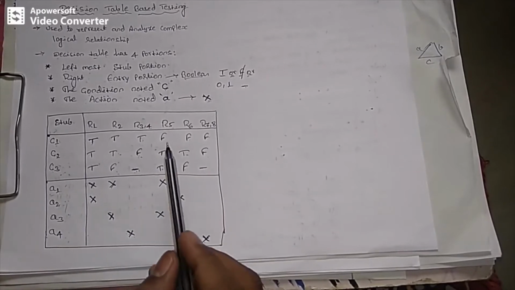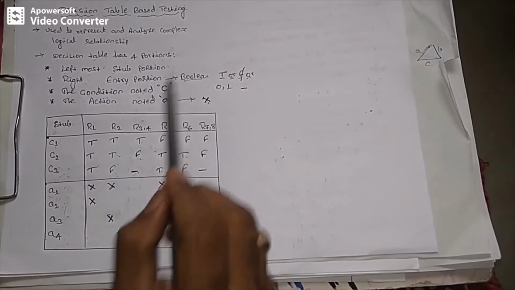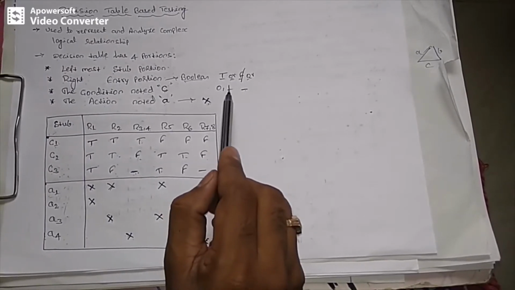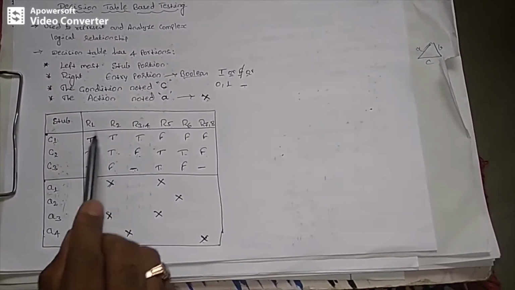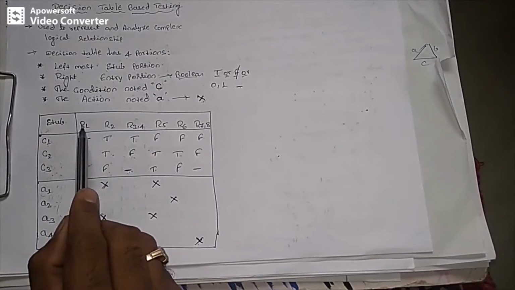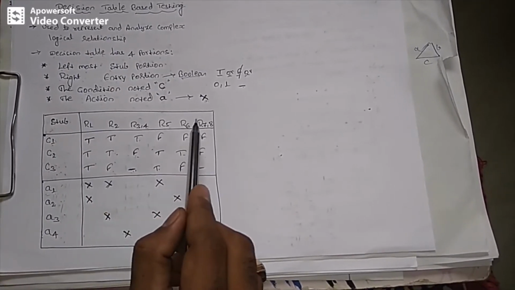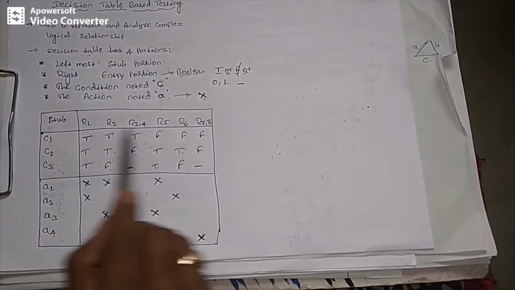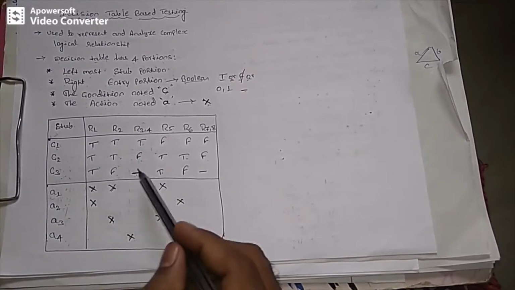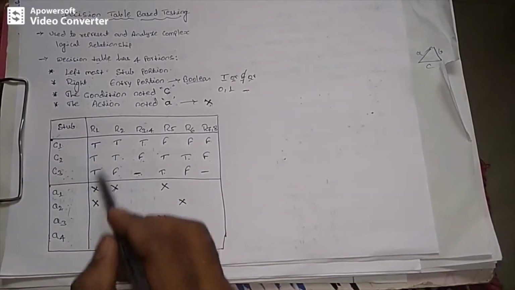This is the entry portion. The entry portion will include the Boolean values, which we can represent either as true or false, or else 0 or 1. We can call these a combination of rules. So rule 1, rule 2, rule 3, rule 4, rule 5, rule 6, the entry portion will have rules. Based on these rules we write the combination of the inputs or conditions.